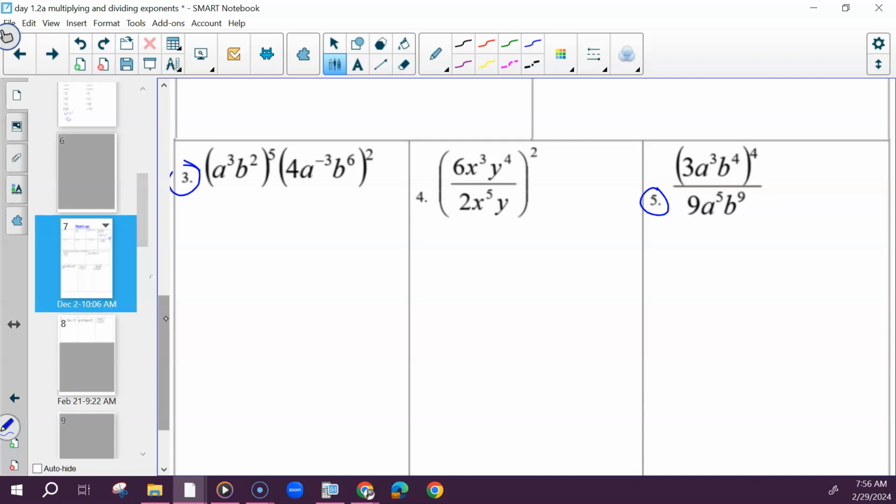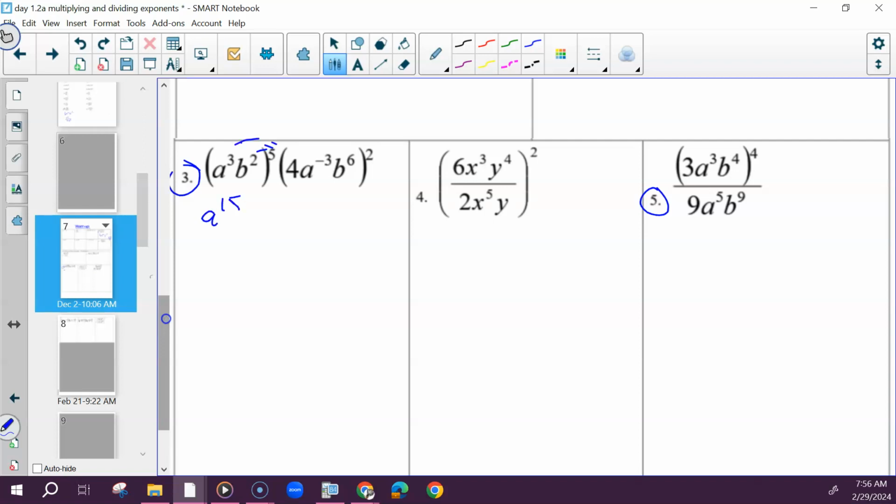Because what's happening? We're raising exponents to other exponents, so we will be distributing, multiplying. So then, to get rid of those, multiply that to the exponent inside.